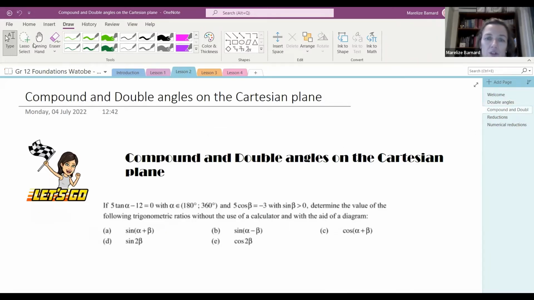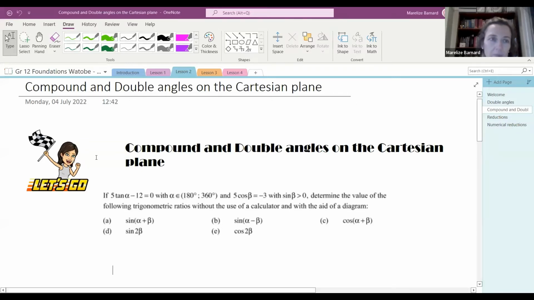What we're going to do next is look at how this is asked on the Cartesian plane, where you have to draw a diagram. The first thing you have to master is recognizing your compound and double angle identities and being able to expand and contract using them.